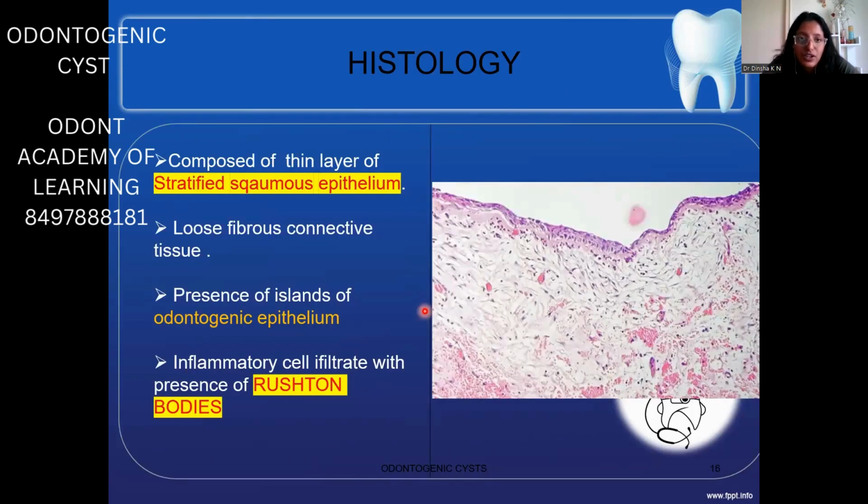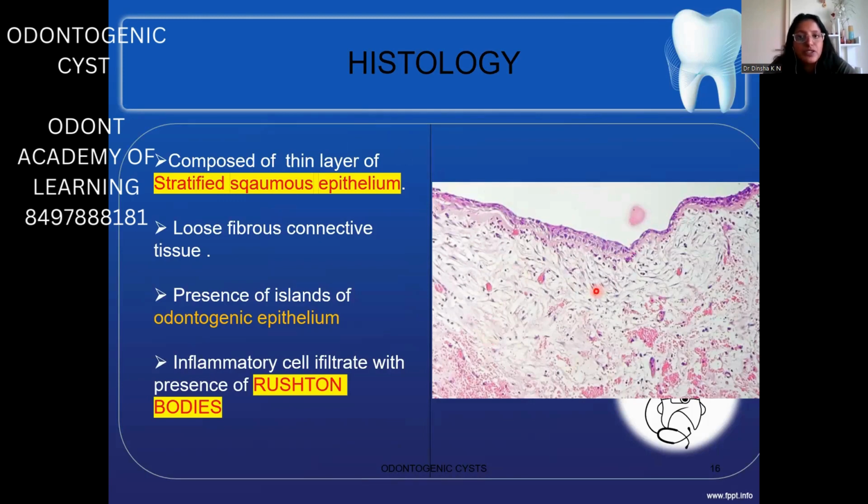Next is the histology, or histopathology, of the cyst. Under histopathology, a dentigerous cyst appears to have a very thin layer of stratified squamous epithelium, with a very loose connective tissue, and some odontogenic epithelial islands can also be visualized in the connective tissue.